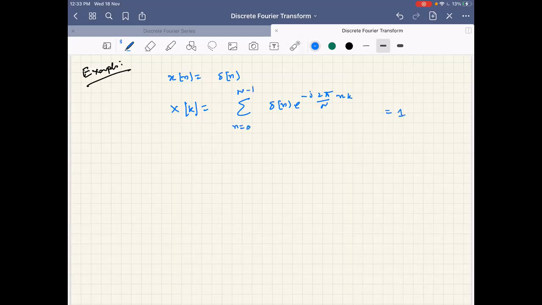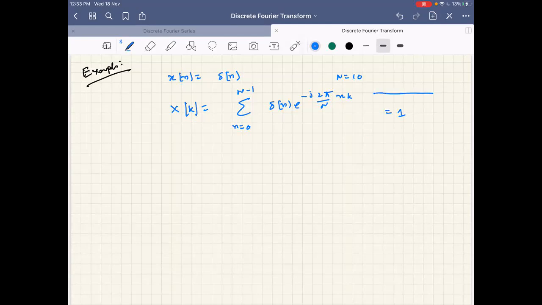Here we assume that the length of the sequence is 1. So if I take x of n, I can put any length, say n equal to 10. Then the number of samples in this also is 10. So if I consider n equal to 10, how will x of n be?